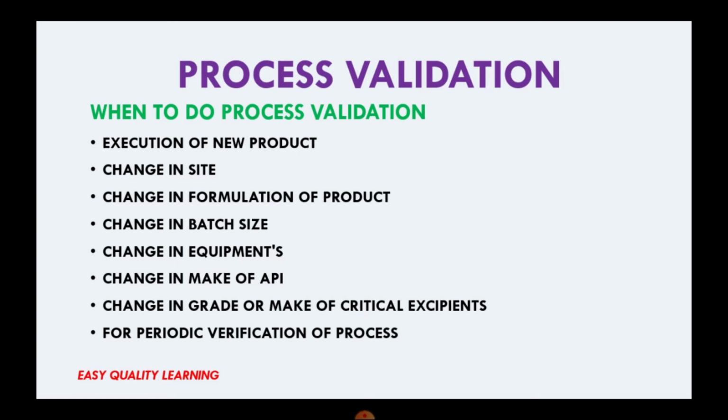It may impact your dissolution profile, or it may impact your other quality attributes. So you need to do the process validation. And for periodic verification of the process, in order to establish that your process is performing well as expected, we need to do periodic process verification.